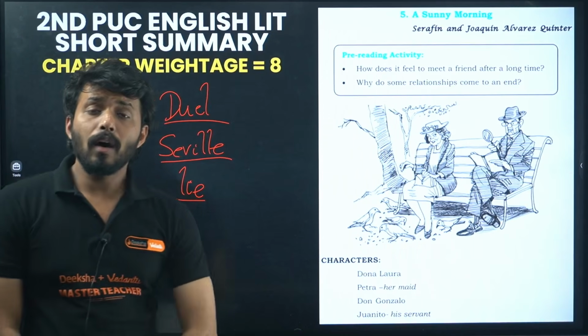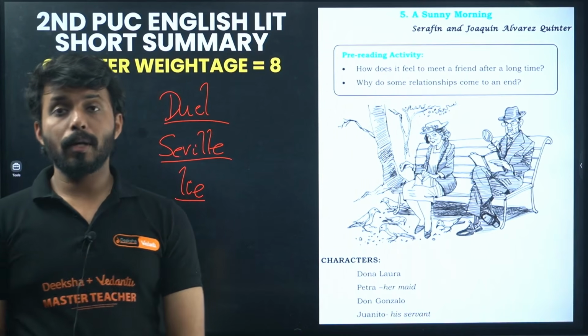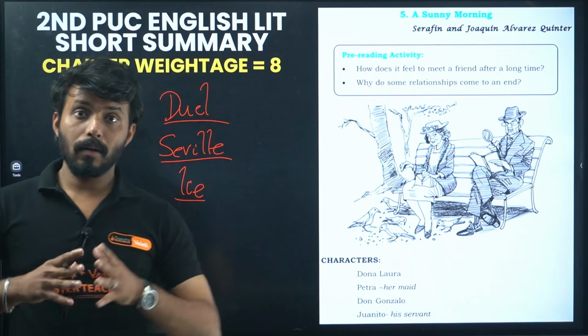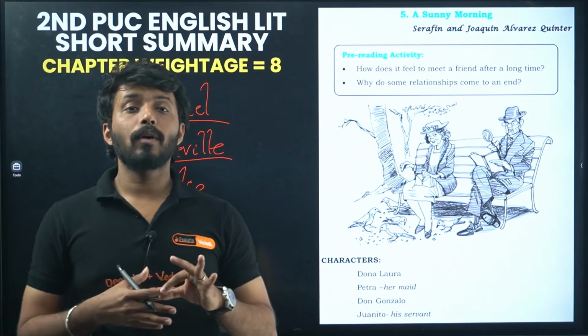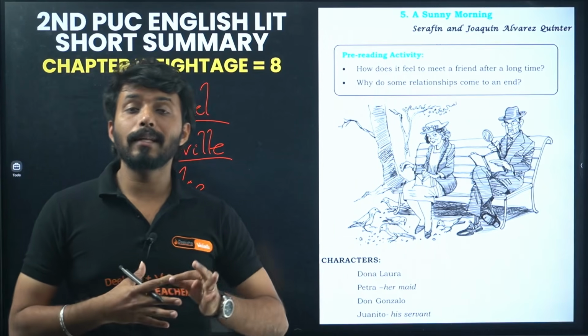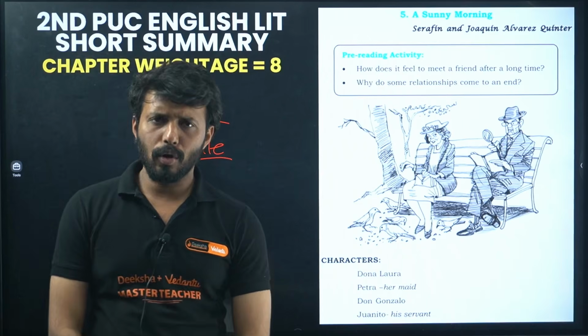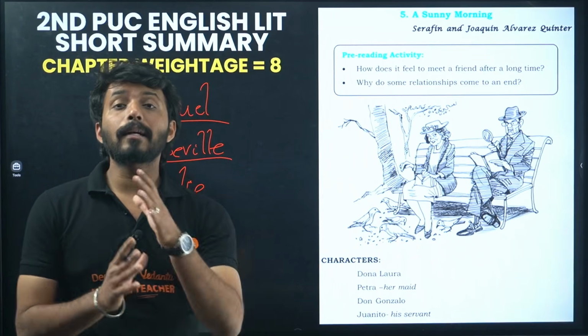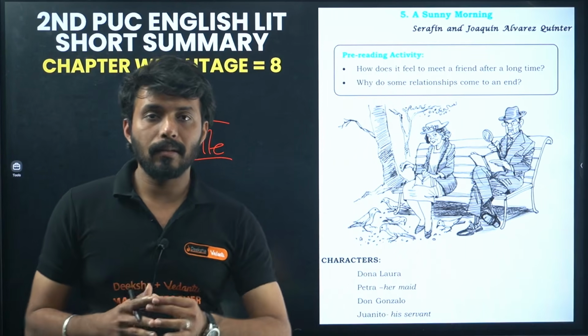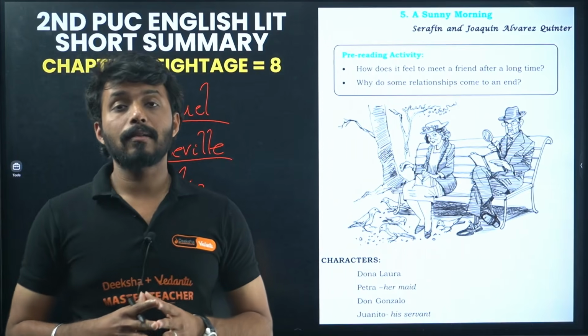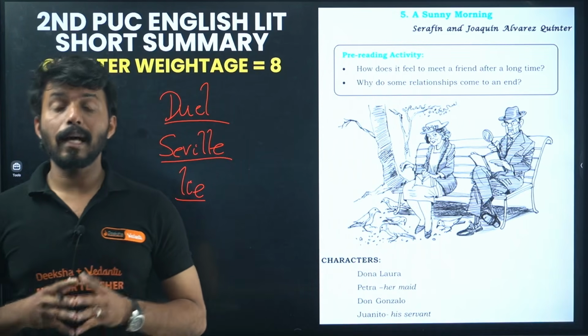So Donna Laura also lies to Don Gonzalo because she did not want to destroy the respect or the adoration that he had for his long lost lover. When in reality, though, they do realize that the other person is the long lost lover. That is the irony.